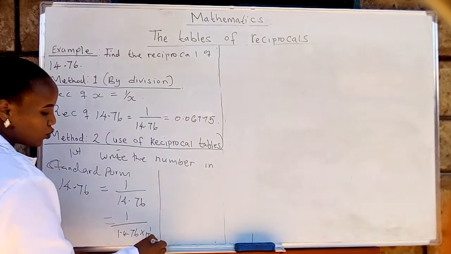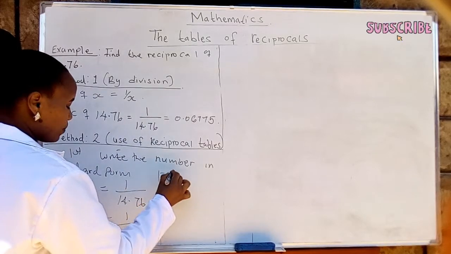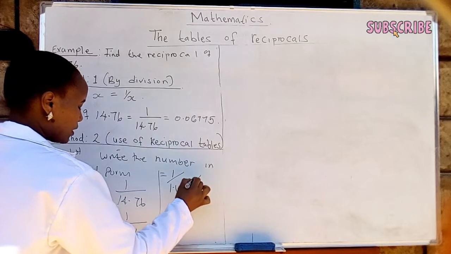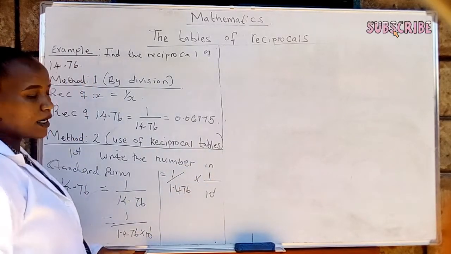So what we are going to do in this case, we are going to find the reciprocal of 1.476 times the reciprocal of 10 power 1, right?